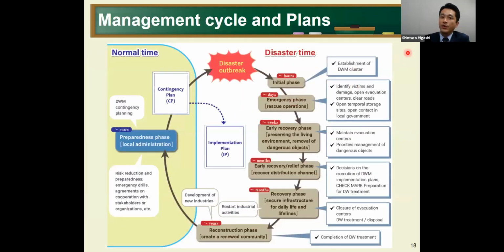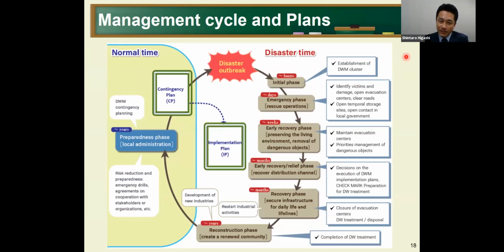This figure describes the management cycle and plans. Before an outbreak of disaster, we should prepare a contingency plan, CP. If a disaster happens, an implementation plan will be developed based upon the contingency plan.